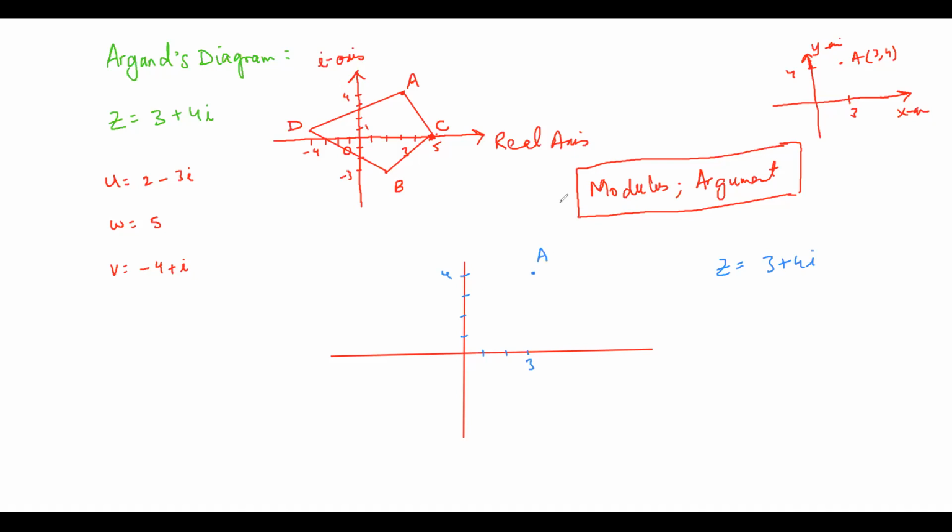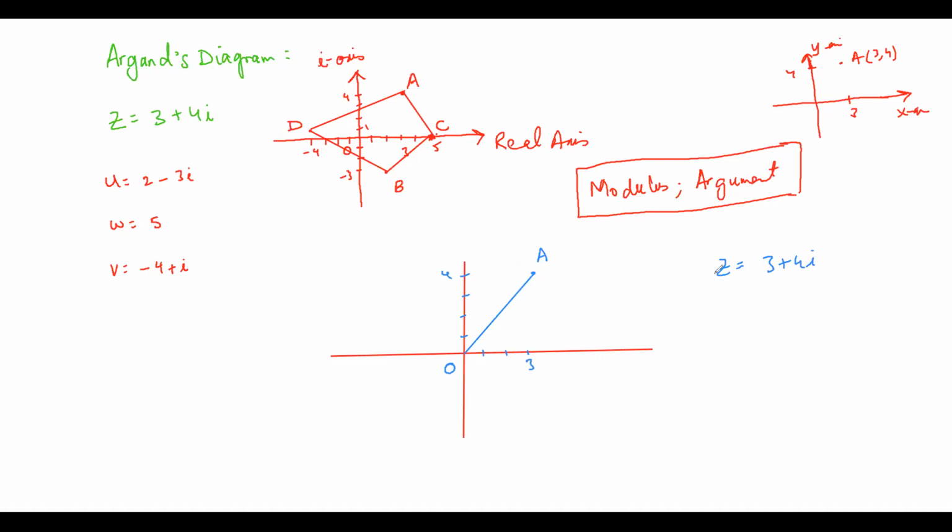Let me call this point A. Point A is representing the complex number z. If I join this with the origin, let me call this O, the length of this OA is called the modulus of z.